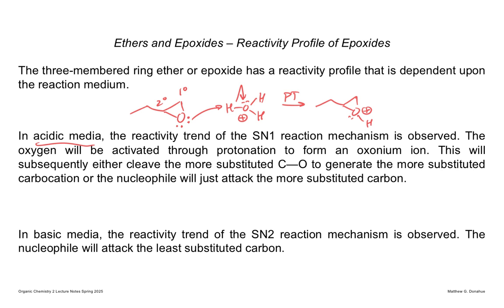We said that the epoxide ring is strained, so it wants to open up. And the reason that you're classifying those carbons is because it's going to open up to the more stable carbocation. So in this case, it would break that bond and then give you a secondary carbocation.